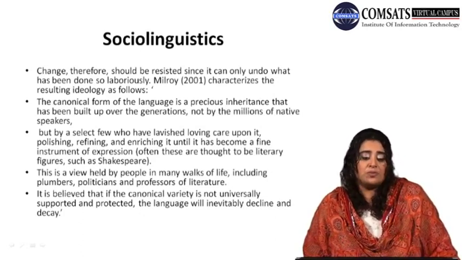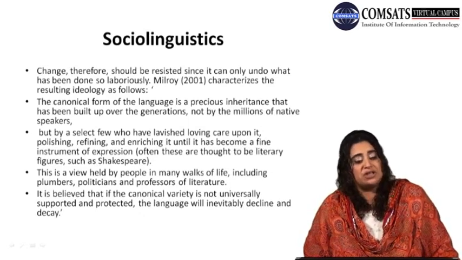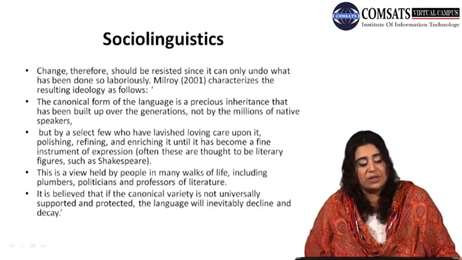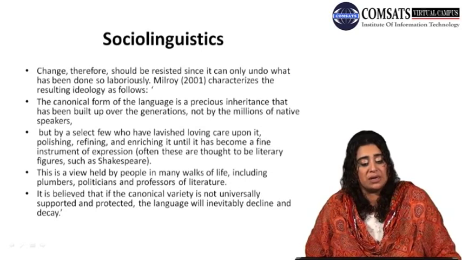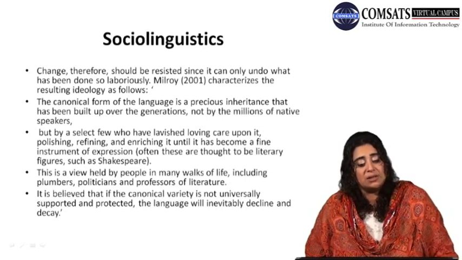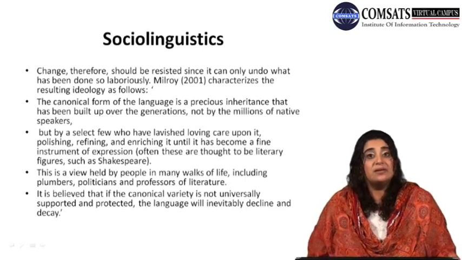This is a view held by people in many walks of life, including plumbers, politicians, and professors of literature. It is believed that if the canonical variety is not universally supported and protected, the language will inevitably decline and decay.